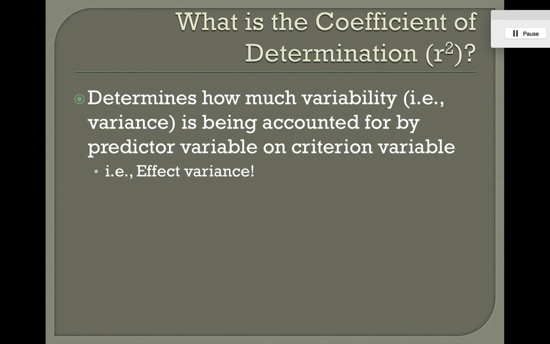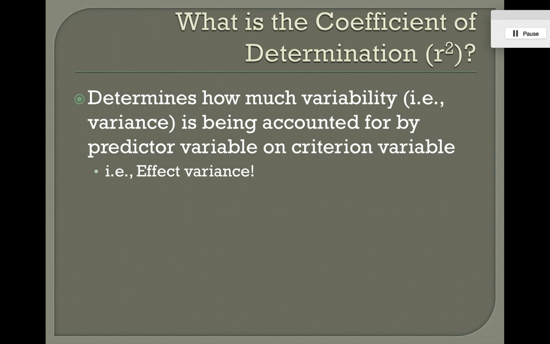It determines how much variability, in other words variance, is being accounted for by your predictor variable on your criterion variable. In other words, using your x variable, your independent variable, how much of the dependent variable is being explained by your independent variable. So we're talking about effect variance.